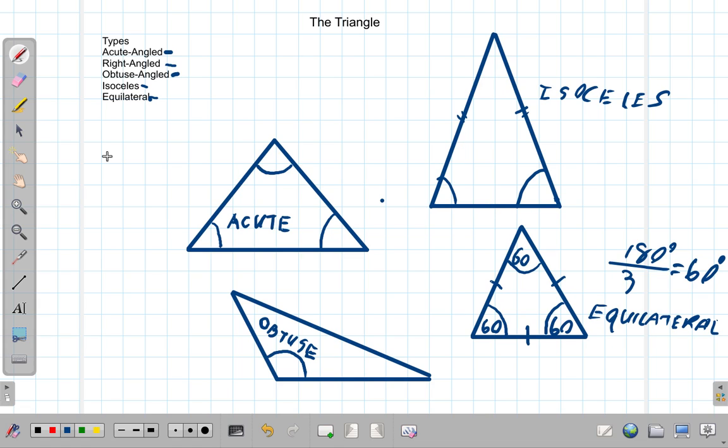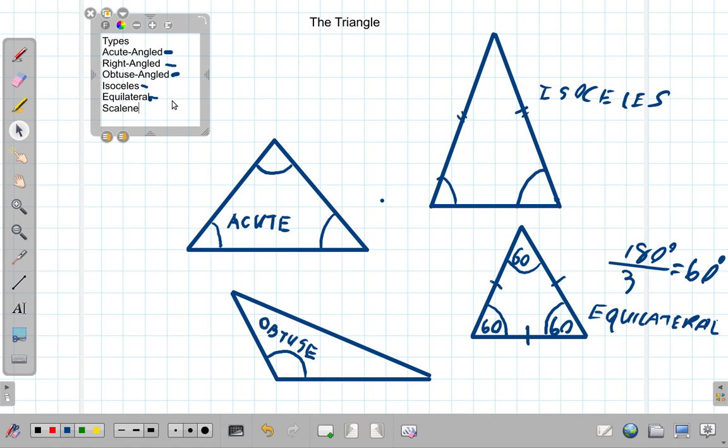Each side is of different length. And the angles are also of different sizes. This is commonly called the scalene triangle. So that's the scalene triangle.